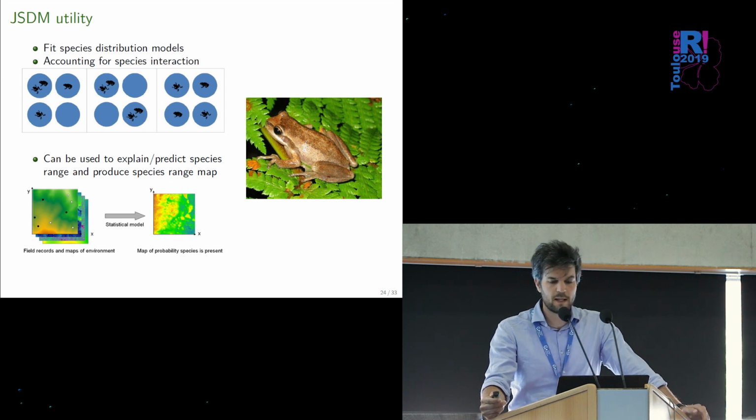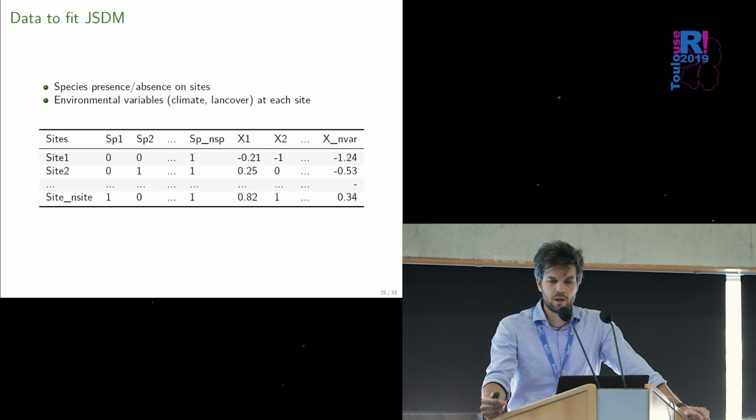They can be used to explain and predict species range, and produce species range maps. The data we use to fit this kind of model are species presence-absence on each site, and environmental variables describing, for example, the climate or the land cover at each site.